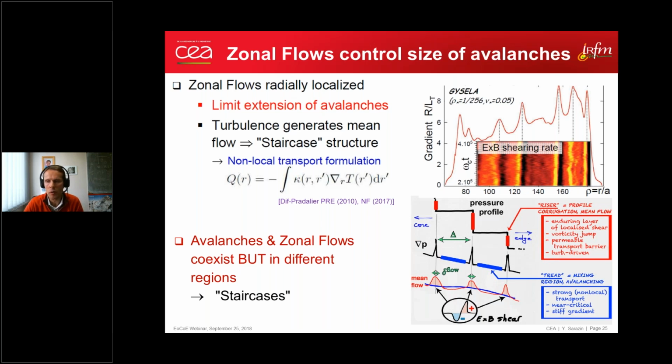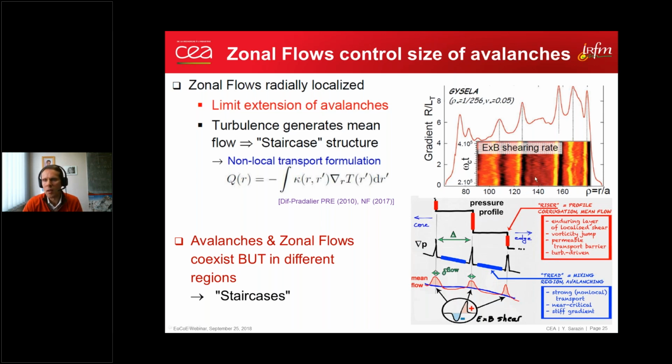And what we observed in numerical simulations is that those two beasts coexist in the sense that avalanches develop in between regions of strongly sheared zonal flows. This can be seen on this picture, where the shear of the zonal flows is presented in color. So yellow and black correspond to strongly sheared zonal flows, and in between the zonal flows, you can guess that there are avalanches.